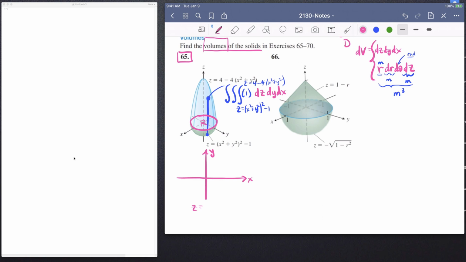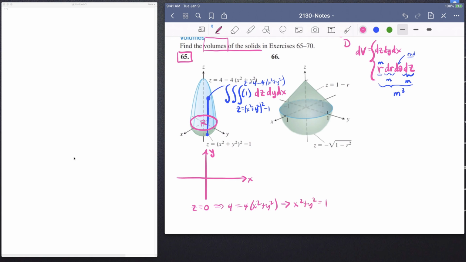For the top paraboloid, when z is equal to 0, 4 is equal to 4 times (x squared plus y squared), and that happens when x squared plus y squared is equal to 1.